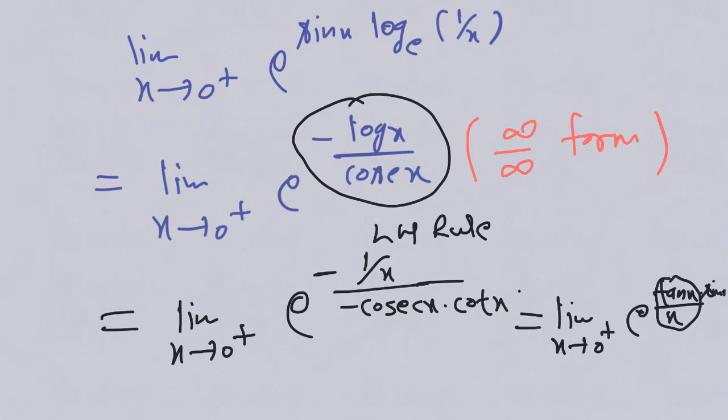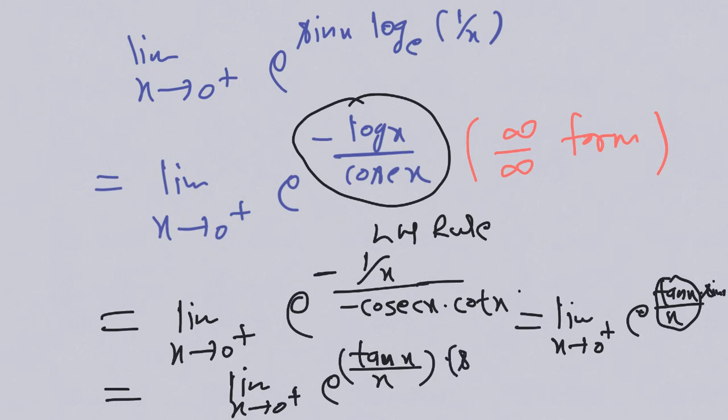Tan x upon x equals 1, and after applying the limit, we get e to the power 0, which is equal to 1. So the correct answer is the option containing 1. Hope all of you got this particular problem. Thank you all of you.